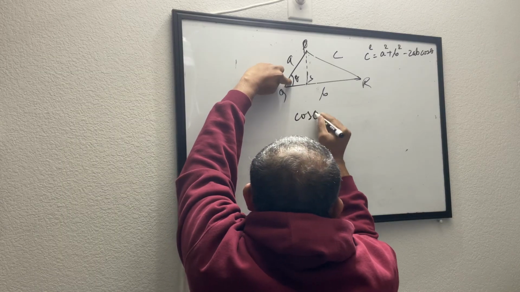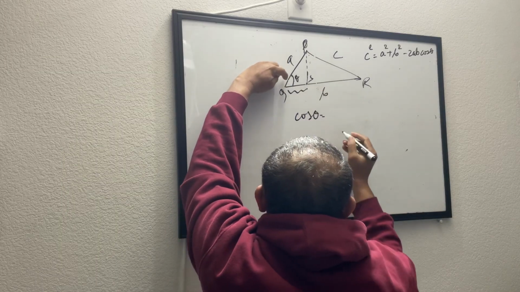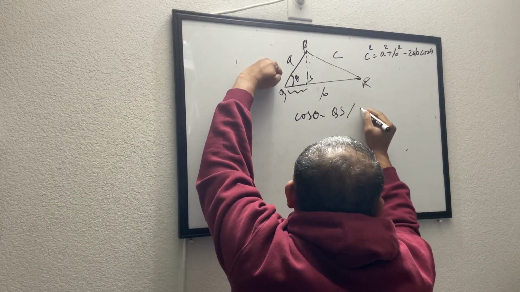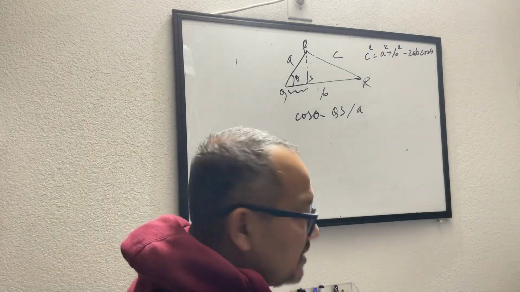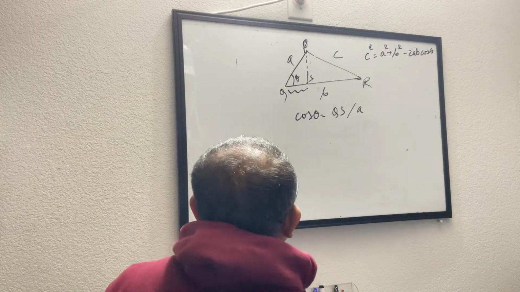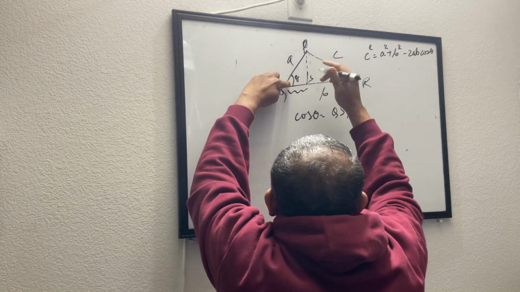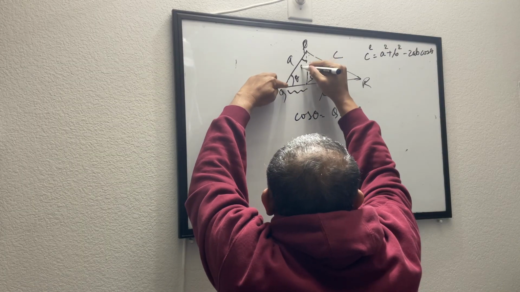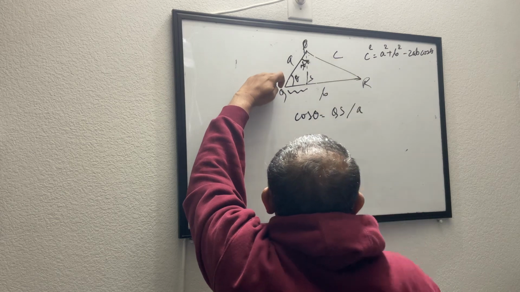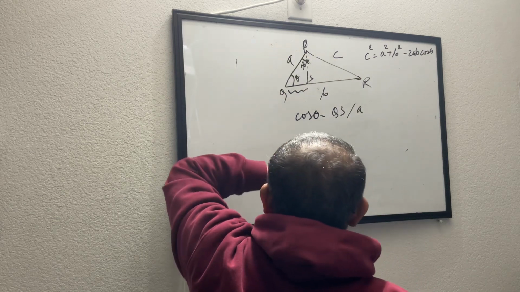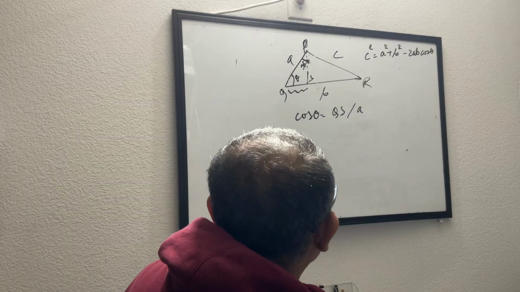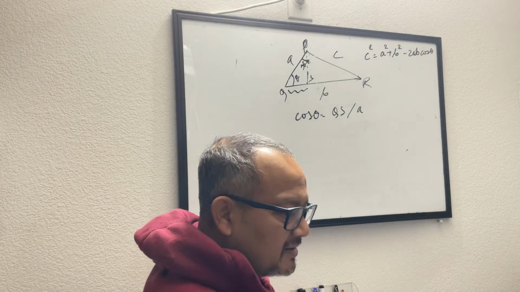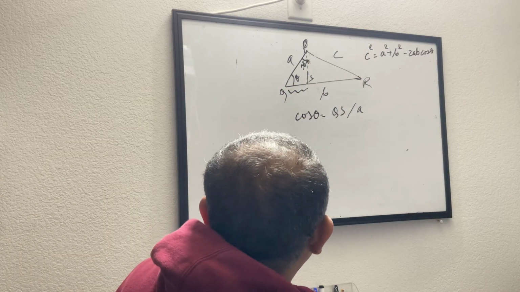Cos theta will be equal to this length QS divided by A. And if this is theta, this will be how much? 90 degree minus theta. All right. Correct? Okay.